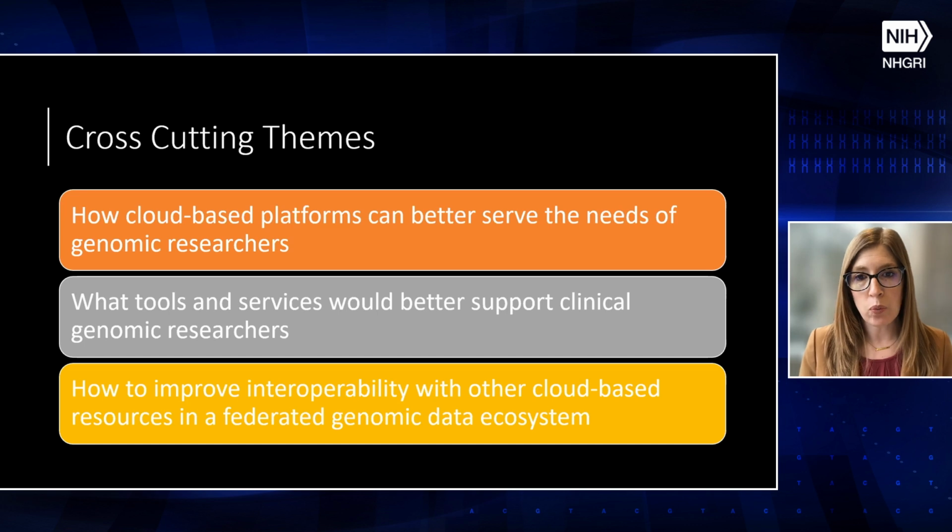I'm sure you're all aware that multiple NIH institutes are setting up similar and complementary cloud-based platforms. So how do we work across the research community and have AnVIL interoperable with these other systems, which is part of the goal of cloud, to be more interoperable? So how can they do that effectively? Next slide, please.